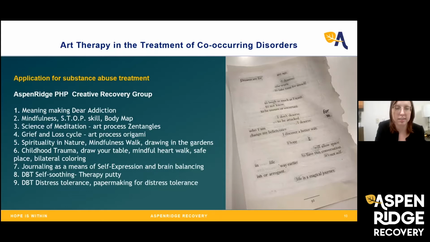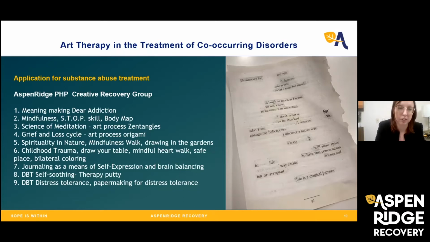The science of meditation with the Zentangles that I showed you in the last slide. Grief and loss, and that could be done with a lot of different art processes, but in groups, most often I use origami to make a tangible representation of the person that they lost. And sometimes we might do mindfulness and walking in the flower gardens.